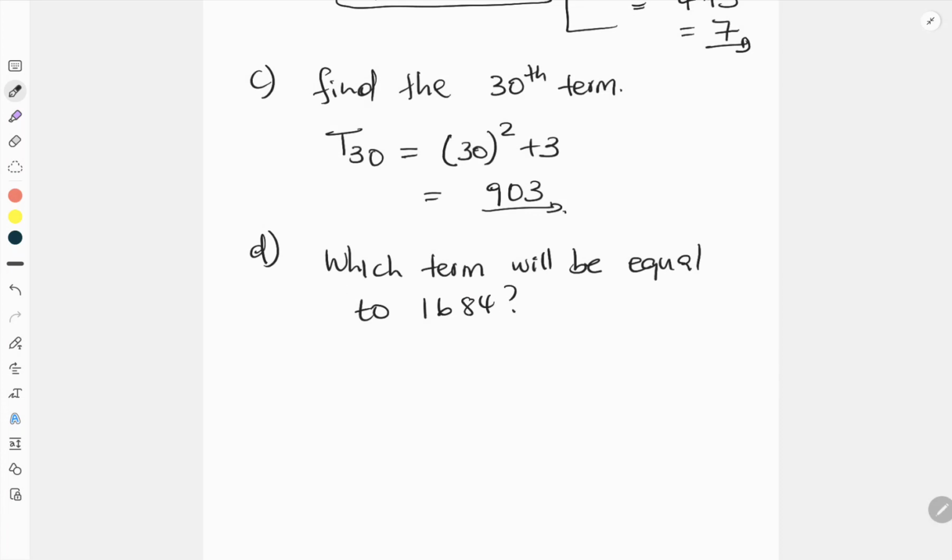They want n, the term number that will be equal to this value. So when they say which term, it means this thing is your Tn. You write the formula. Tn is equal to n squared plus 3.